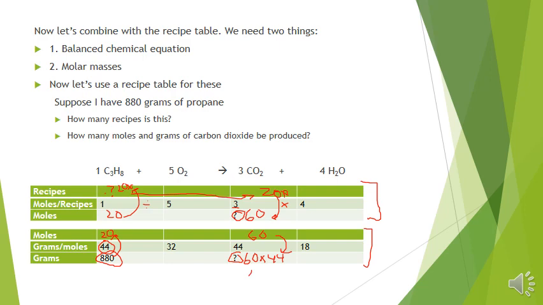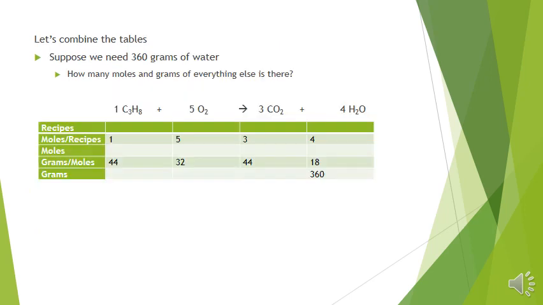And that's going to be 2,640, I think. Okay. So that's how you do that. The first thing you need to do is find out the recipes, and then you can figure out your grams. Okay. So here's the last problem.